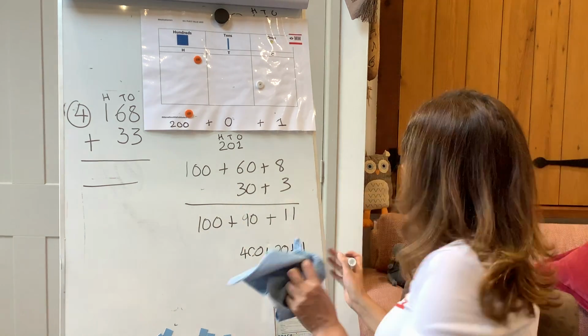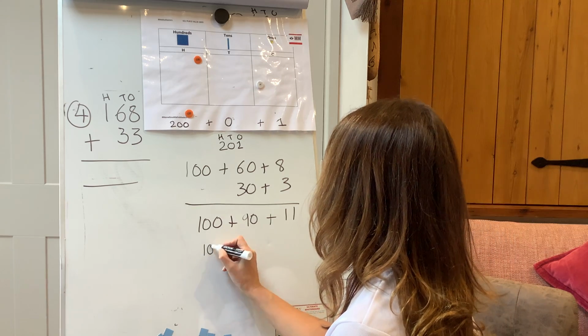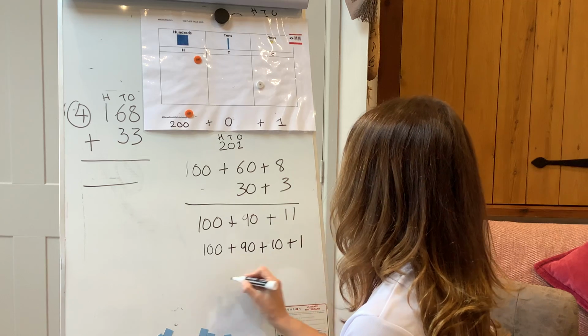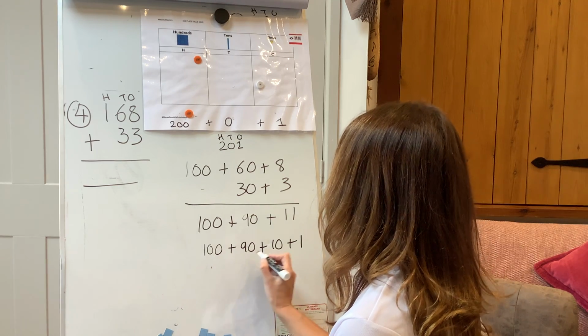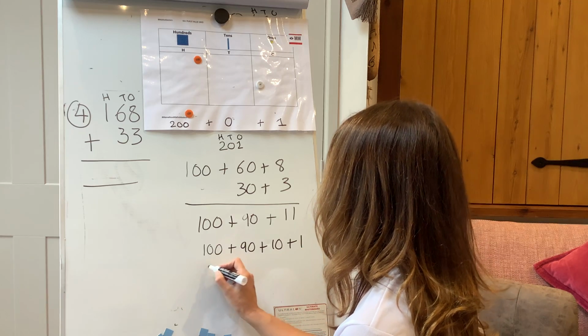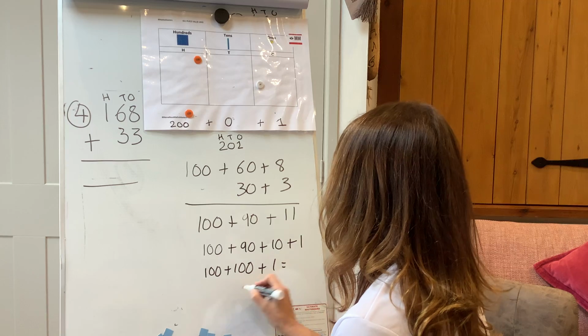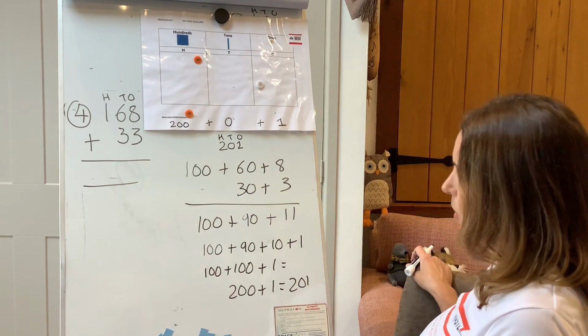So what we can do is add them together. 100, add 90, add 10, add 1, and those two together would make 100. So we've got 100, add 100, add 1 equals 200, add 1 is equal to 201.